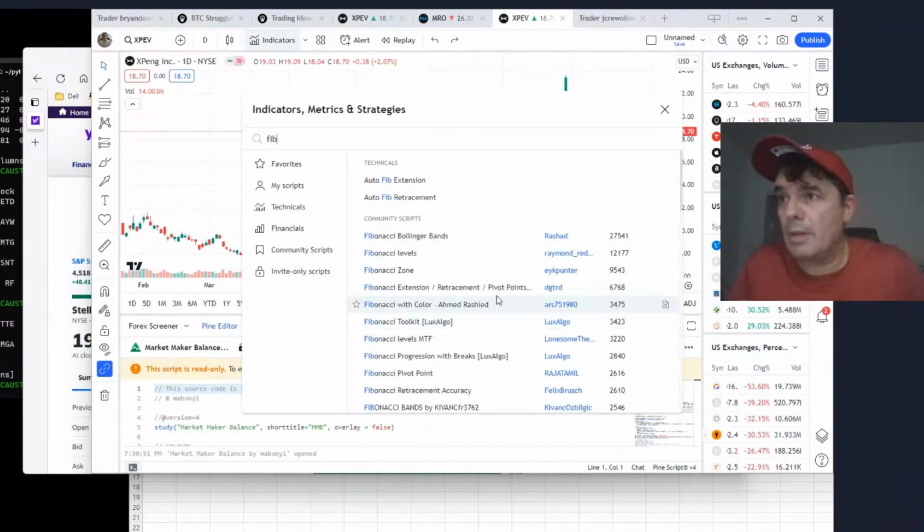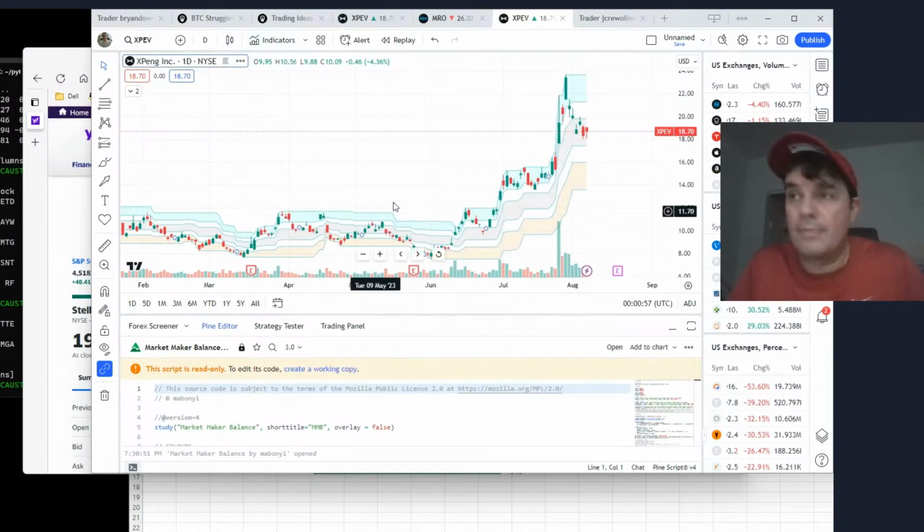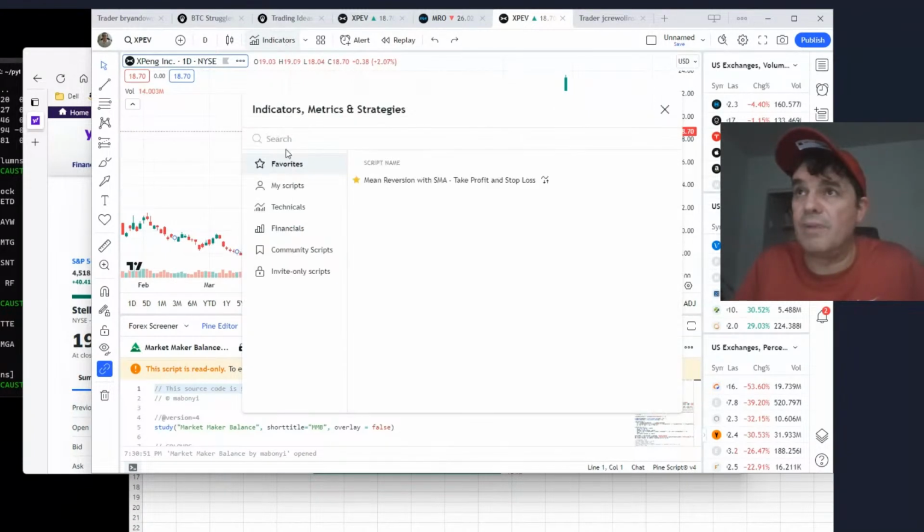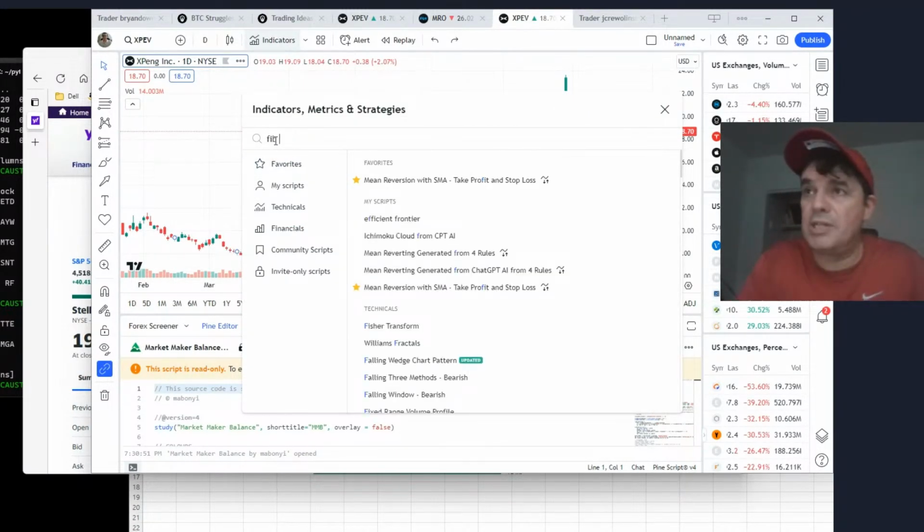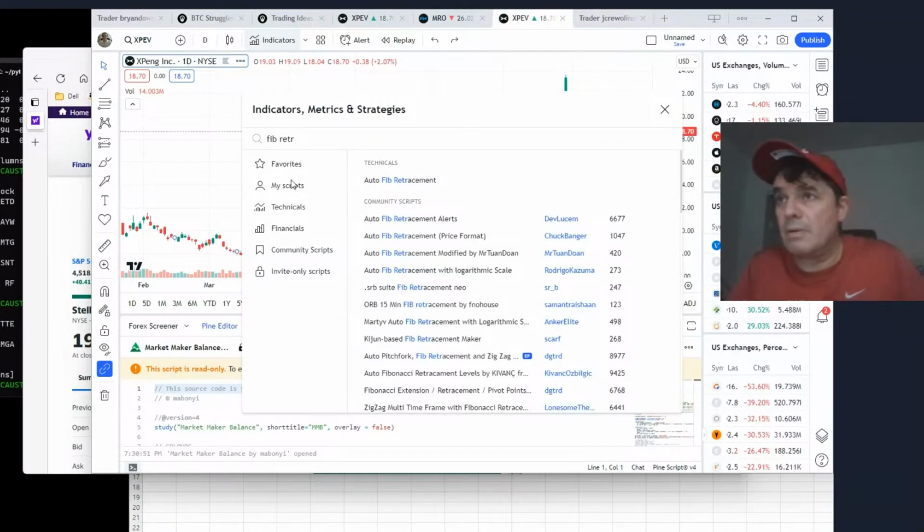So I could talk to you about Fibonacci. Maybe it's this one. No, this is what I'm saying. I always get confused by, I think it's Fibonacci retracement. Let me think here. What indicators do you use?